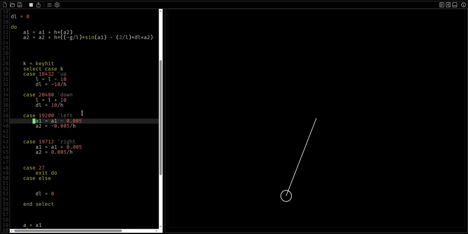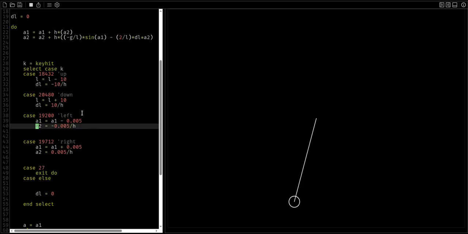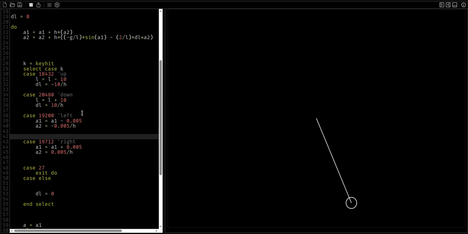So here I am, I don't know, trying to swing. So let's do like a typical gamey maneuver. So we're at this length and we're trying to swing our way up.